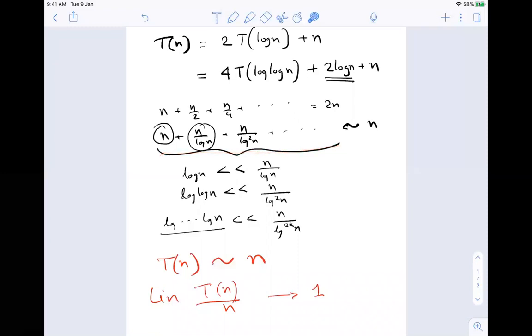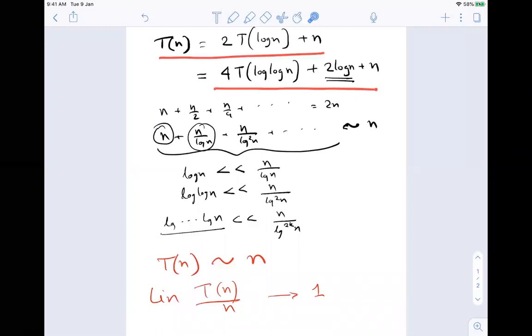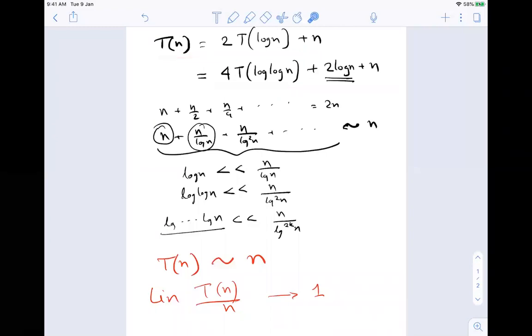But now, when you have a recurrence like this, you have n plus 2 log n plus 4 log n plus 8 log n and so on and so forth, right? Now individual term wise, I want to claim that log n is a way smaller term than n by log n.